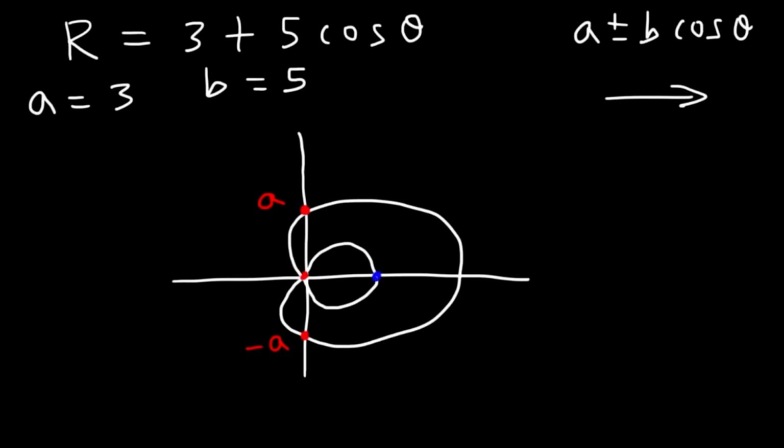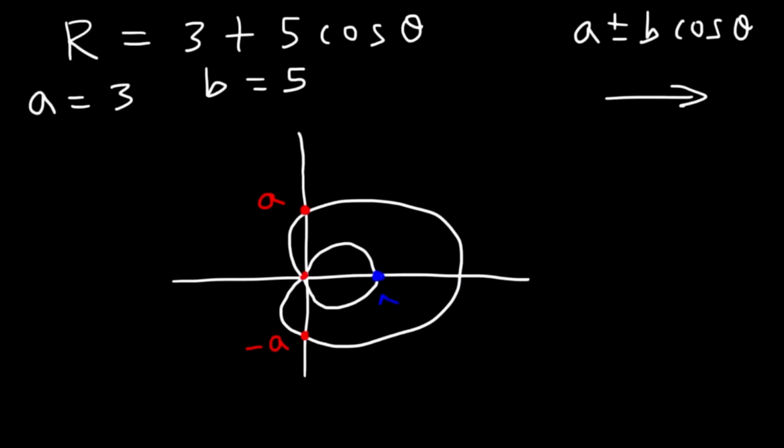The first x-intercept, which is associated with the inner loop, is the absolute value difference of a minus b, or you could just say b minus a because b is going to be bigger. Now, the second intercept is the sum of a and b. And that's all you need to get a good, decent graph. If you can plot those 4 intercepts, then you should be fine.